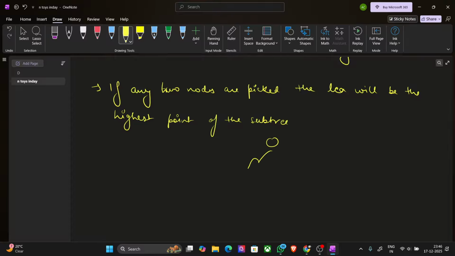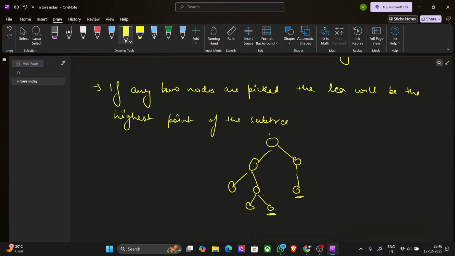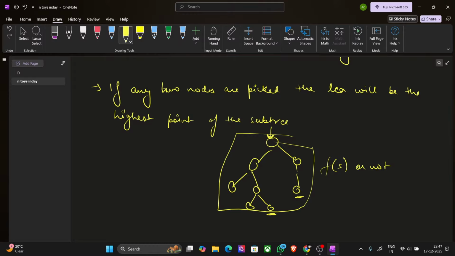If there is any tree, and I take these two nodes, then the LCA of these two nodes is this, which is the root, and the whole subtree must be inside Fs or not? No.